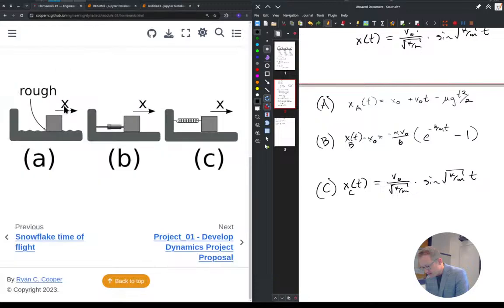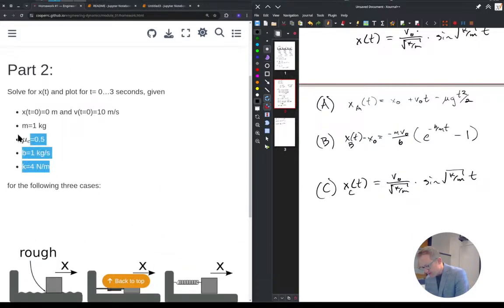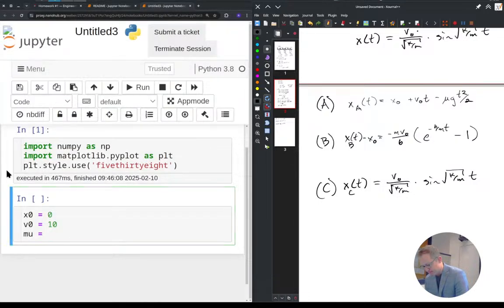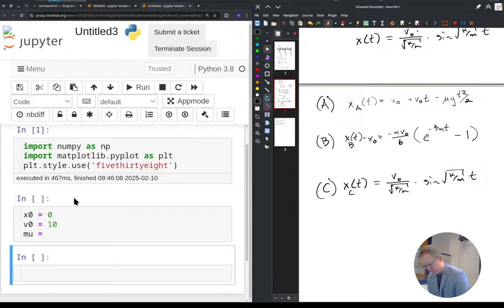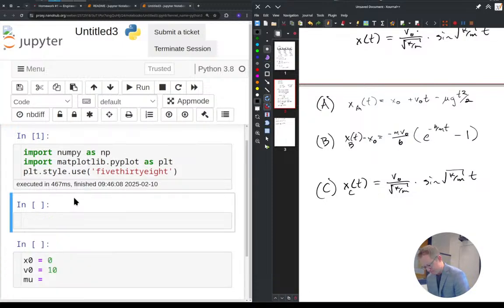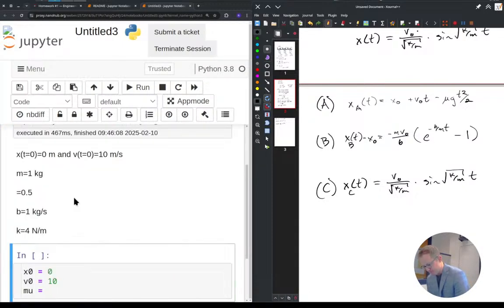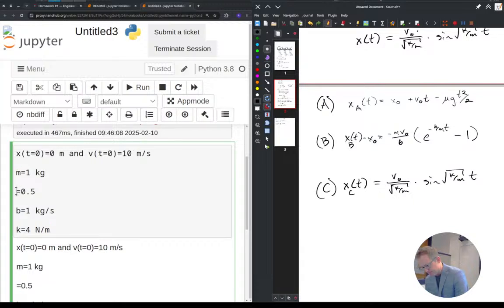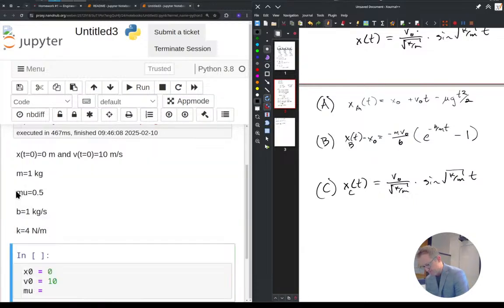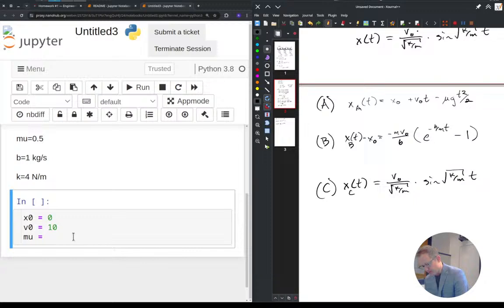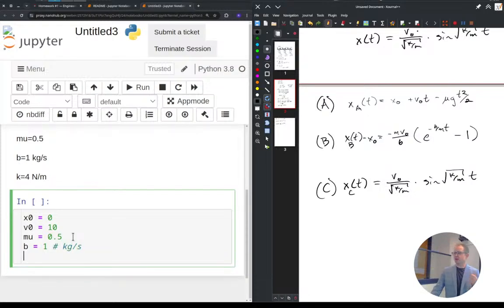Mu is 0.5. B is 1. The units are kind of weird, but it ends up being kilograms per second, so that it matches up.